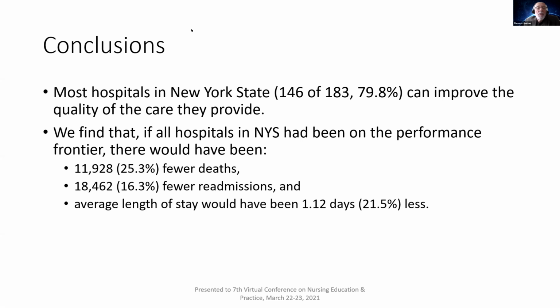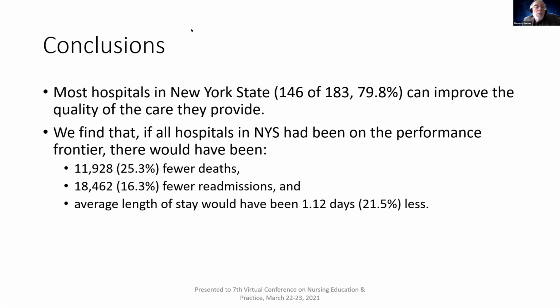If every hospital in the state had been on the performance frontier, that's the fantasy land that people who do mathematical models are allowed to go into, we can imagine we would have had about 12,000 fewer deaths, or about 1 in 4 of the hospital deaths throughout the state would not have happened.